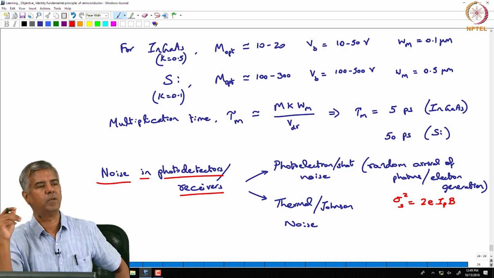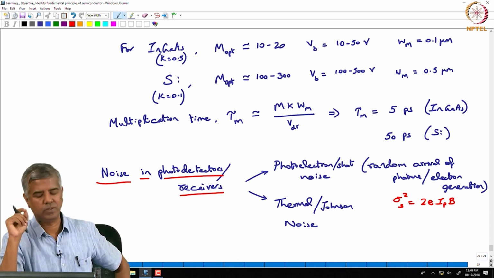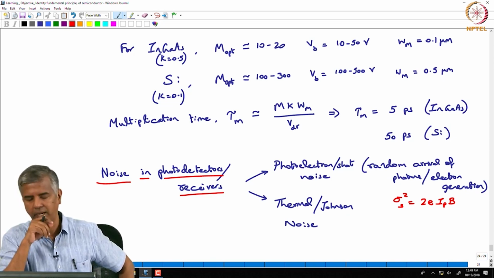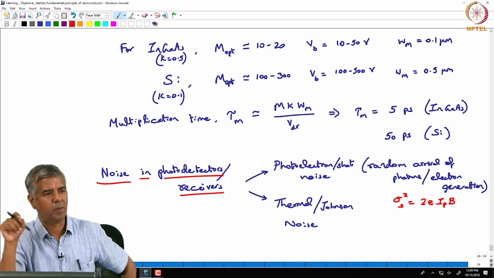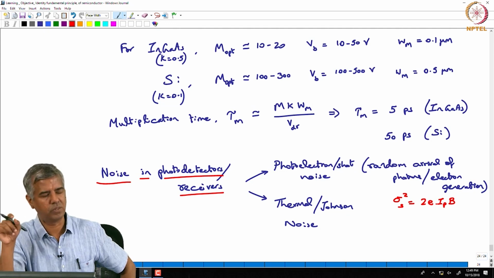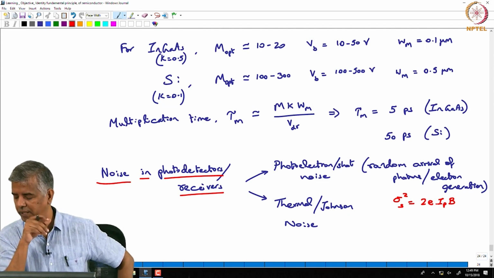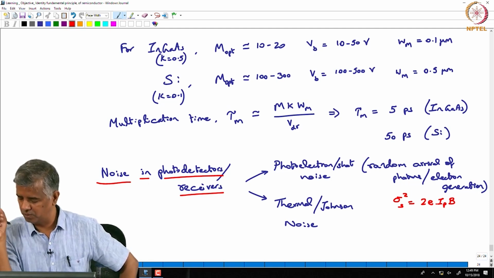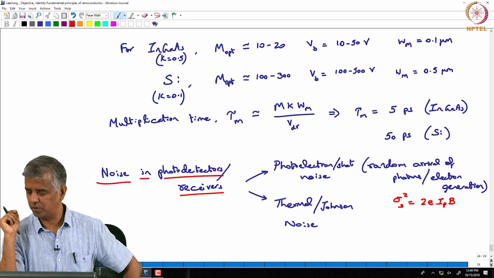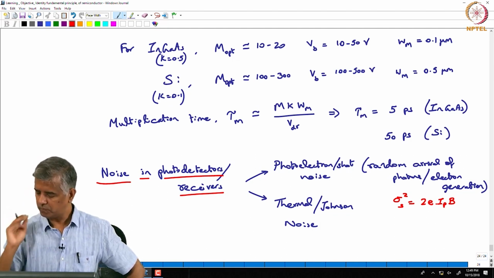We were talking about Poisson statistics for the arrival of photons, and there the variance was proportional to the number of photons being collected. Here we are talking about that corresponding to the photocurrent that we are picking up.